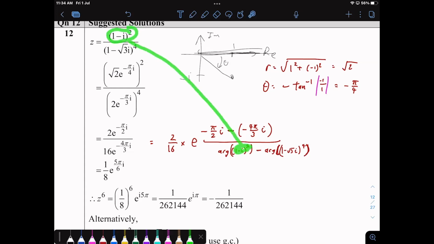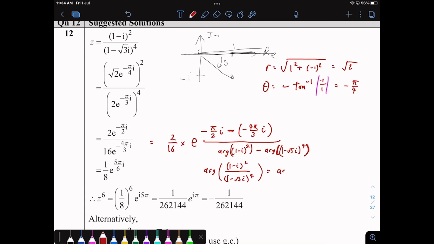Argument means you're looking at the angle of that complex number, which in this case is negative pi by 2, if you just drop the i. And for 1 minus square root 3i power 4, the argument is negative 4 pi over 3. And then you subtract. That's why when you start off with a fraction, you take the argument of a fraction, like in this case, 1 minus i squared over 1 minus square root 3i power 4.